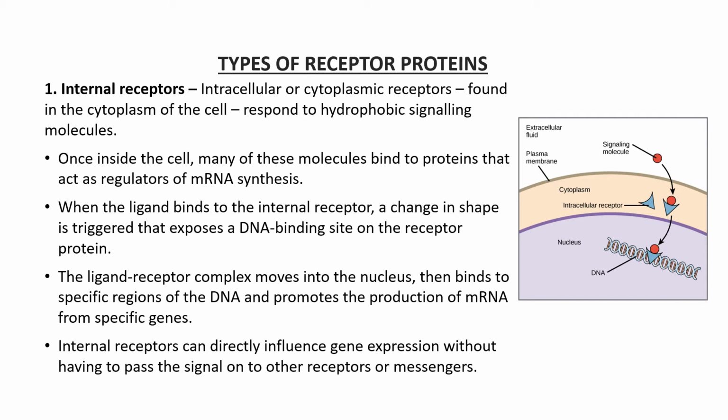So now, trying to understand the different types of receptor proteins. There are two types of receptor proteins. The first type is the internal receptor protein and the second is the cell surface receptor protein. Getting into the details of internal receptor proteins, or the intracellular or cytoplasmic receptors, which are found in the cytoplasm of a cell.